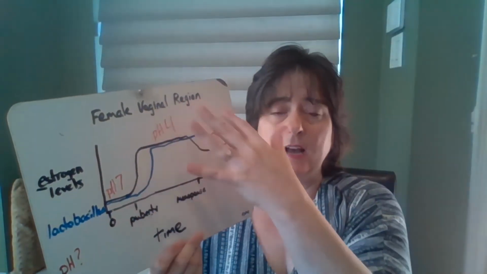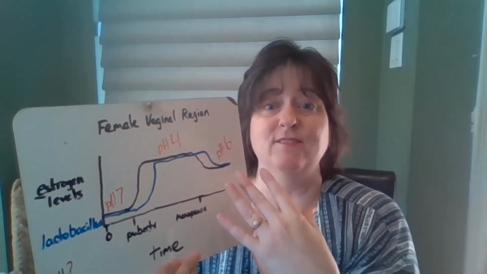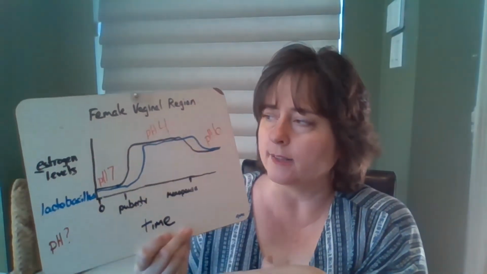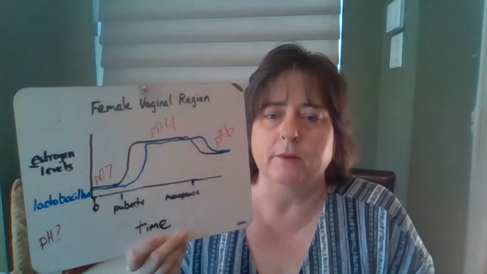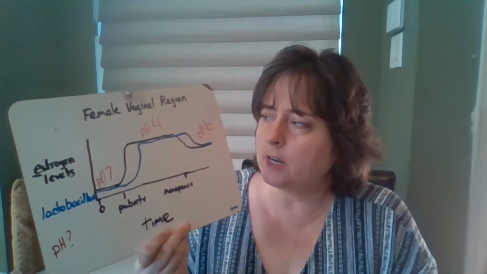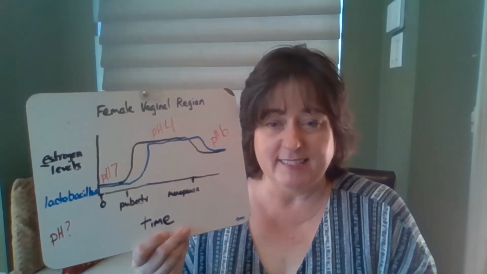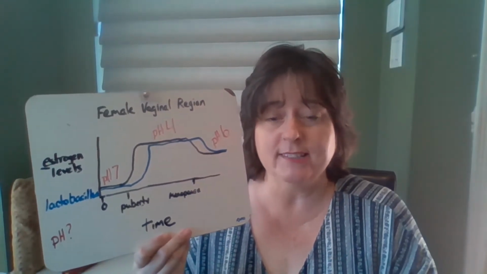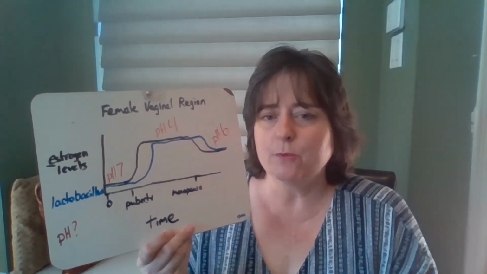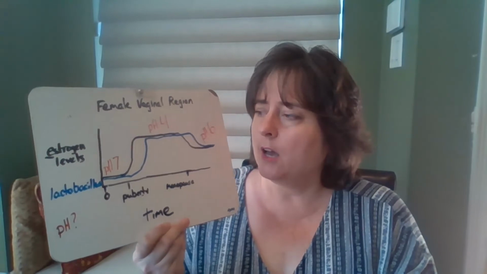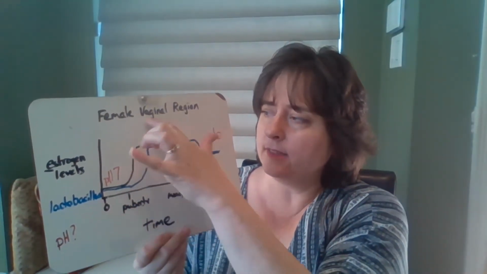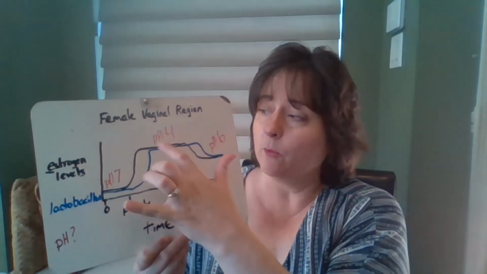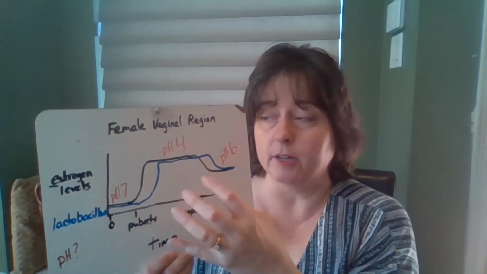So we can see how the lactobacillus is altering its environment based on the amount of acidic end products it's making. Okay, so what does that all mean? What do we care? What's going on here? So we said that lactobacillus isn't harmful, it's not a pathogen for us, doesn't cause us a disease. But can it help us? During this time period of adulthood, we have an acidic region going on here.